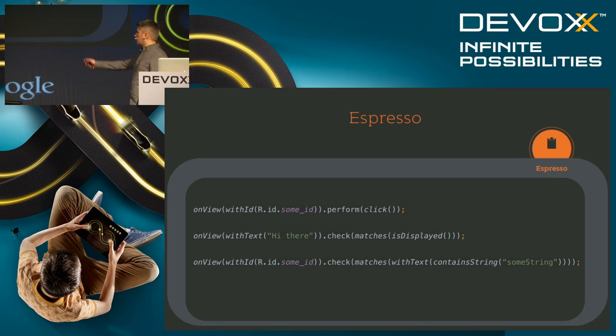Here a little bit more. Again, onView with an ID, check, and you have lots and lots of useful matchers in Espresso. For instance, in this case, check that it matches with a certain text that contains a string. So you see, you can really, in a fluent way, quite easily drill down into your components, into your app.